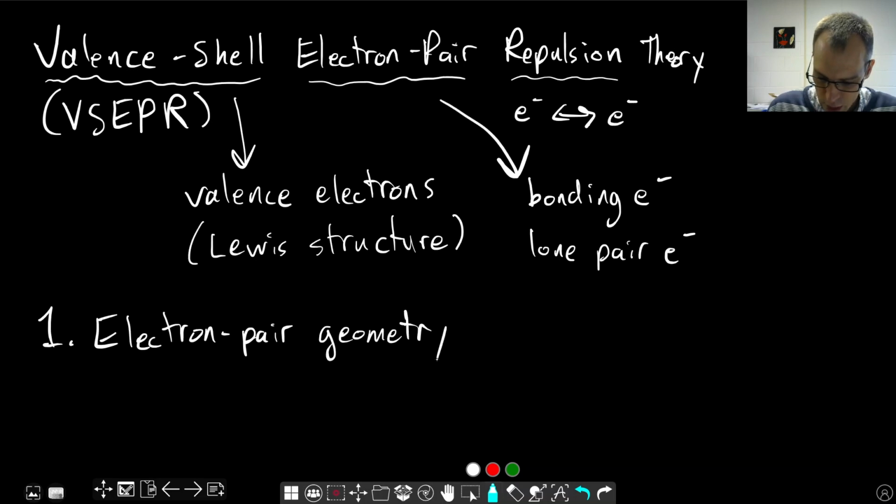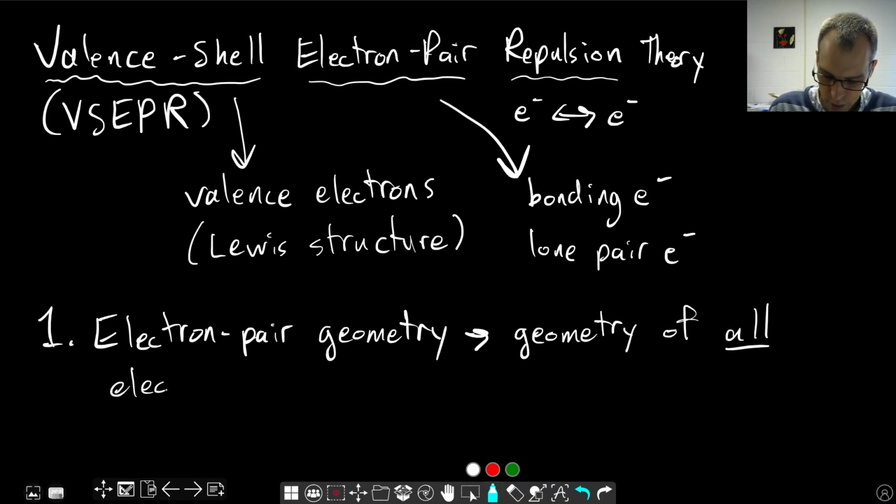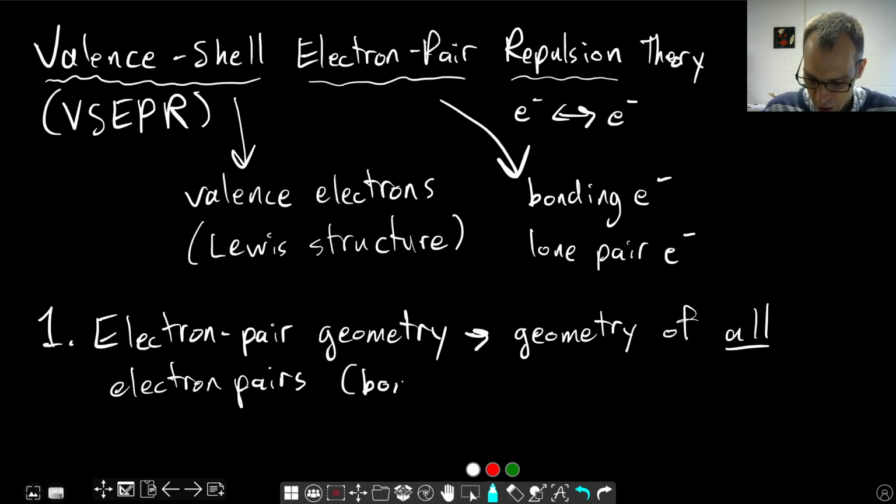This is the geometry that defines all of the electron pairs. If we're thinking about a central atom, this is the geometry that will describe how all of the electron pairs, and when I say all, I mean it applies to both the bonding and the lone pairs.